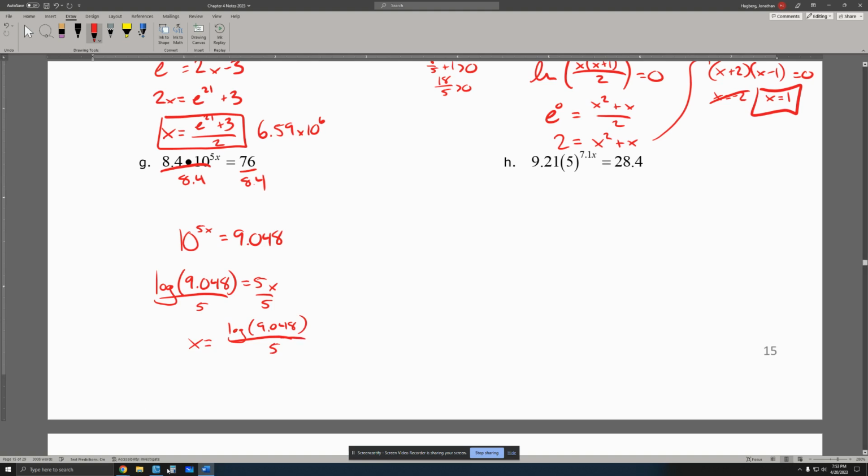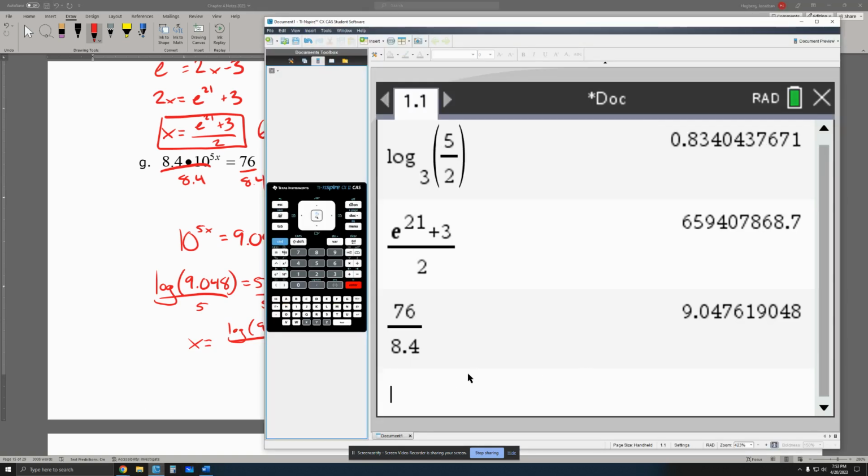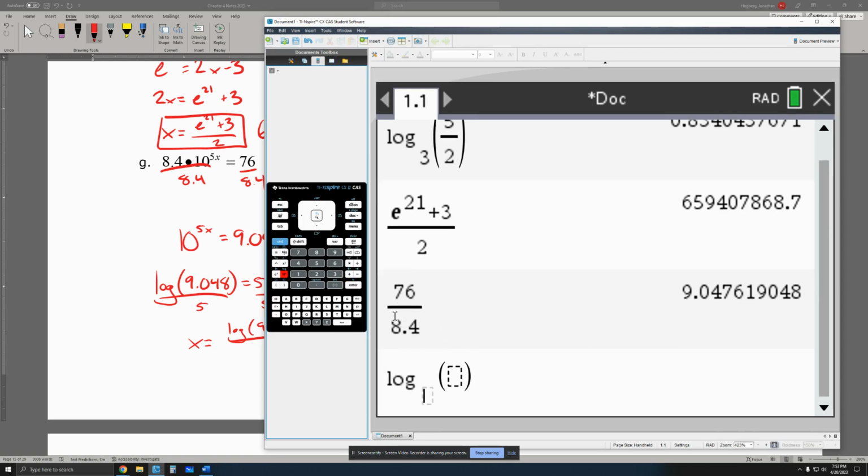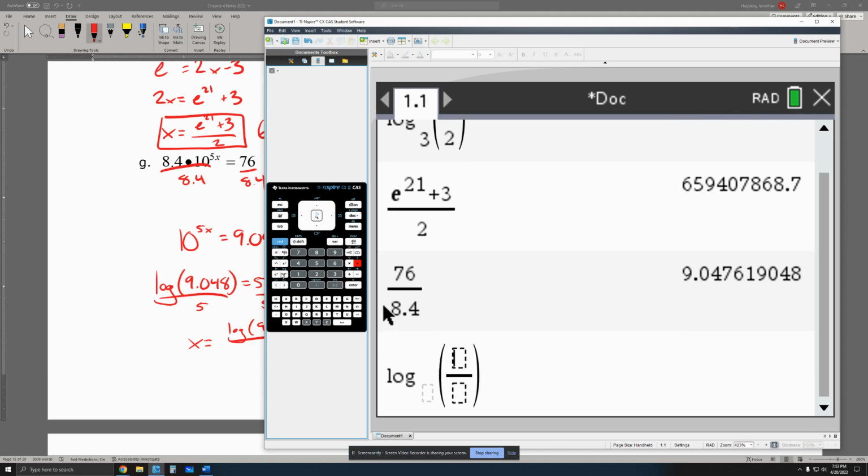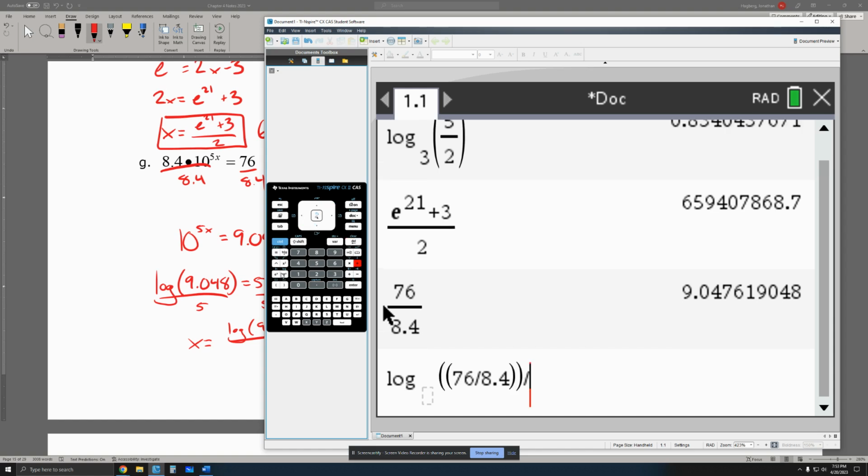All right. And let's see what that is. I'm actually going to go ahead and plug it in as an exact answer. So I'm going to do log base 10 of 76 divided by 8.4, and that is all over 5.